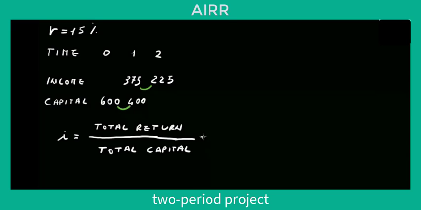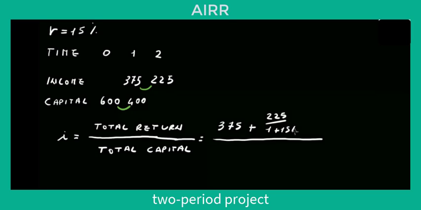So as for the total return, we have to add 375 and 225, which we discount by 1 period at 15%.